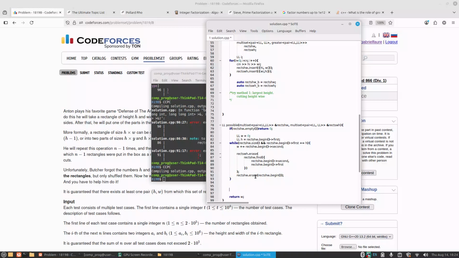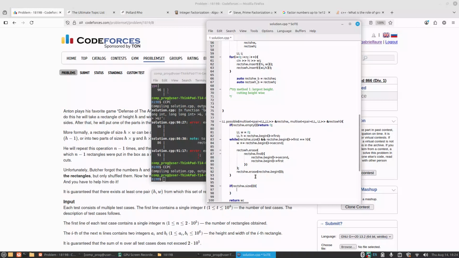So, if it still has size, now we do the swapperoo.